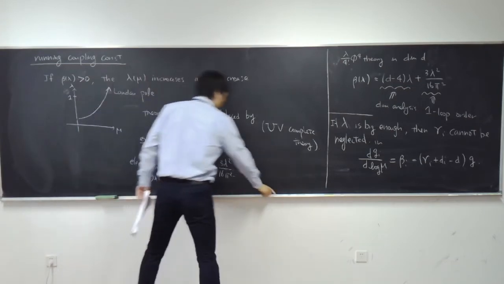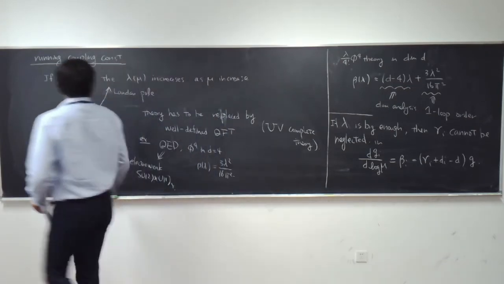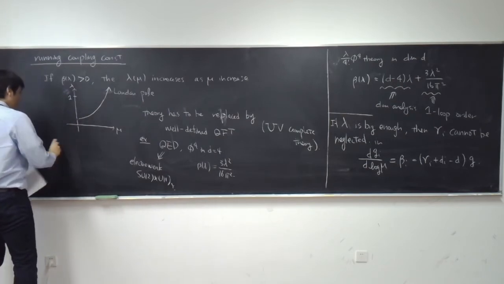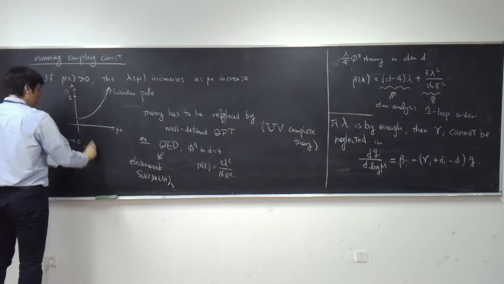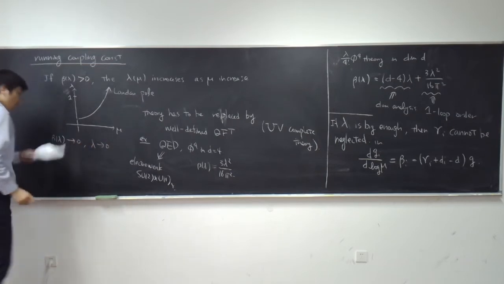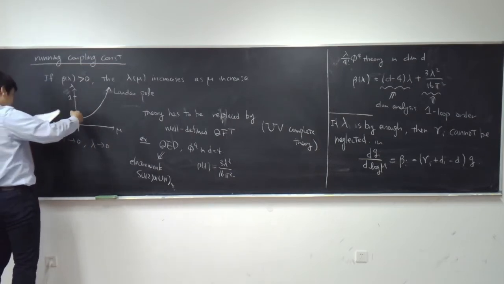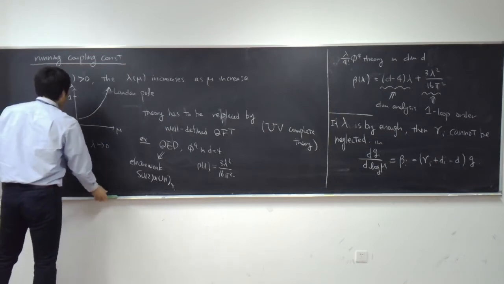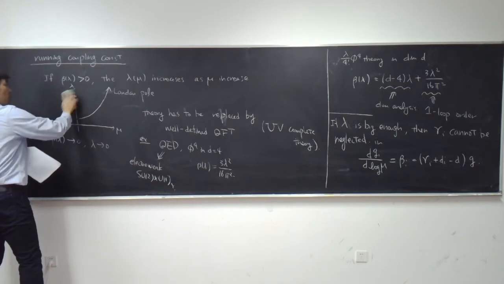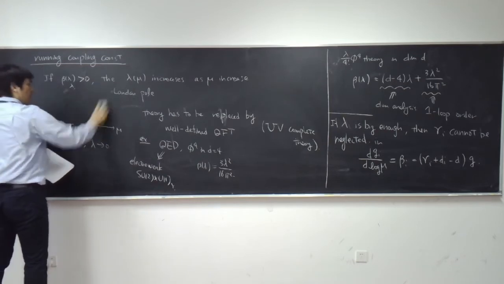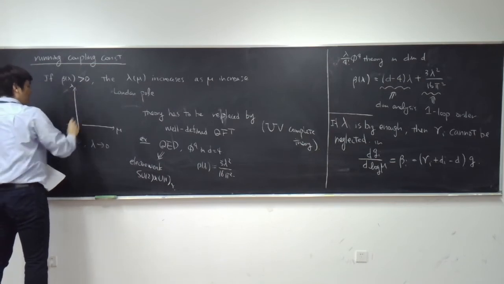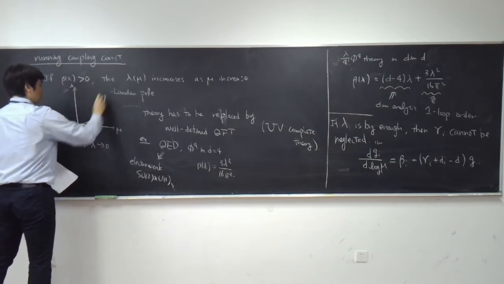So what about the IR? Suppose beta of lambda goes to 0 when lambda goes to 0. So if we go to the opposite region, the IR, where the theory is well-defined, and the beta function starts with something like this.